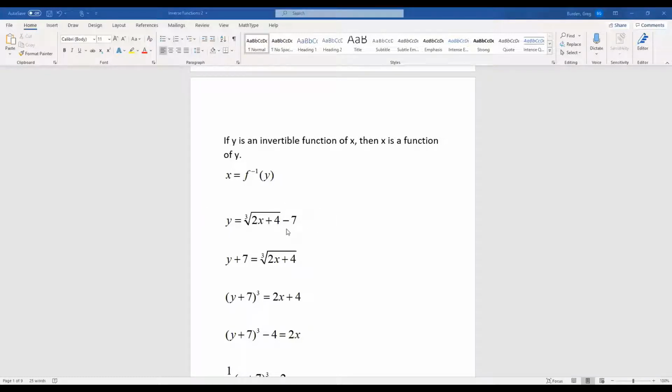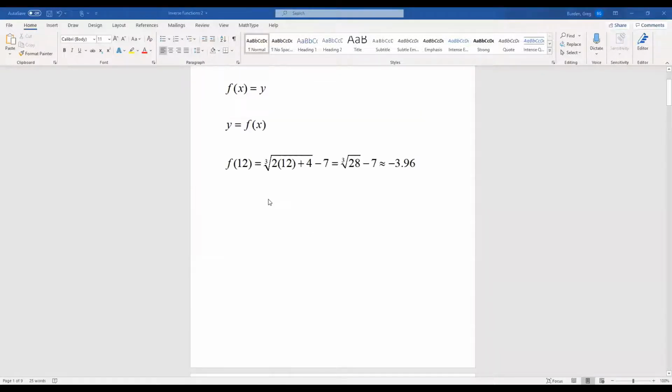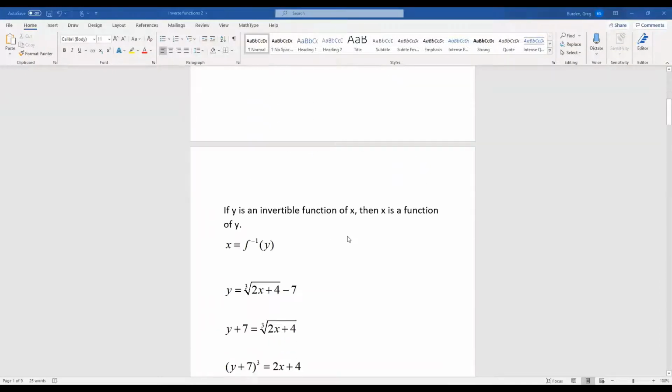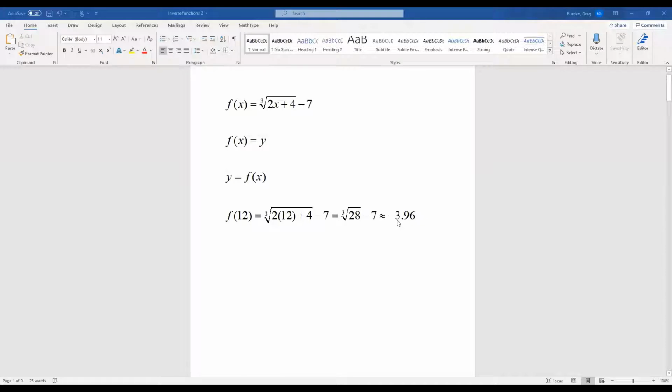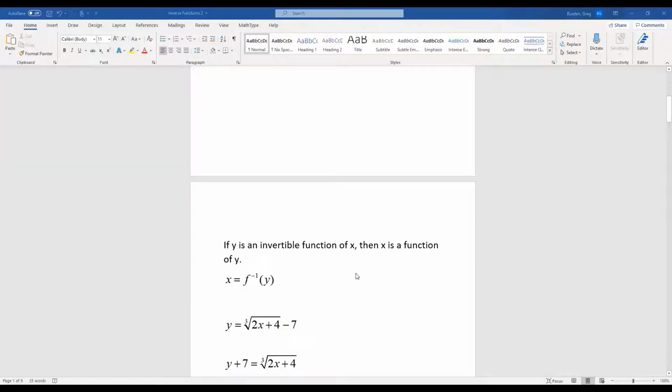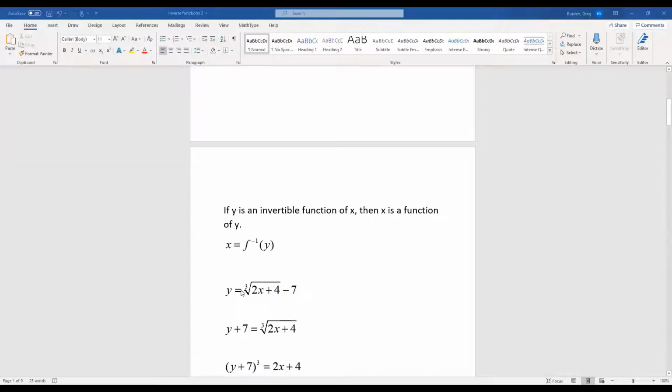It's handy for calculation purposes, such as what we have here where I calculated f of 12. Well, suppose we got this number almost negative 4, and you put negative 4 in for y. How would you go about finding the x value that corresponds to it? Well, the answer to that question is really how we can find the inverse function.